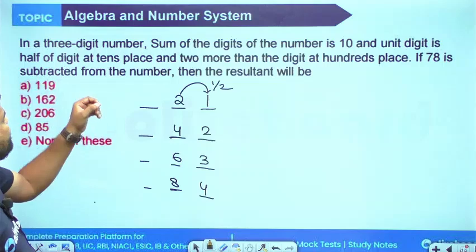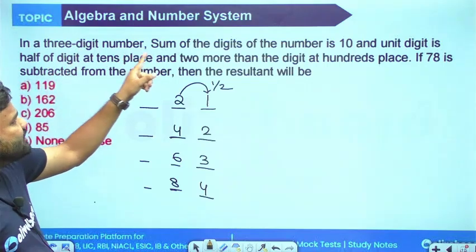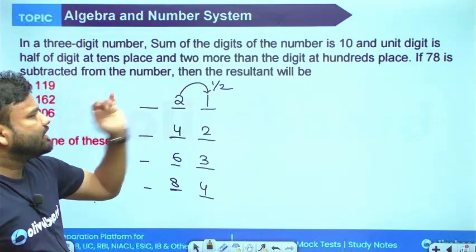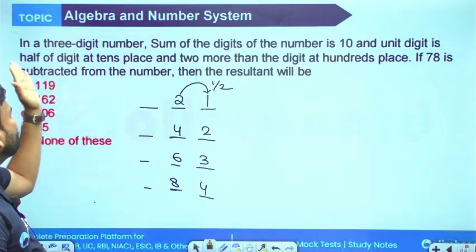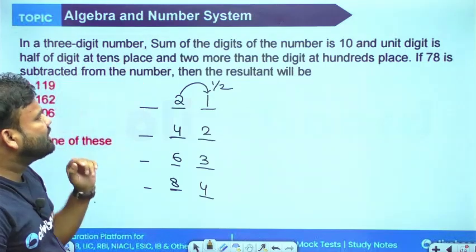The sum of the digits of the 3-digit number is 10. Okay, sum is 10, and the unit digit is half of the digit at the tens place.